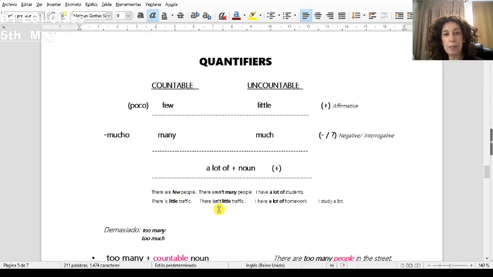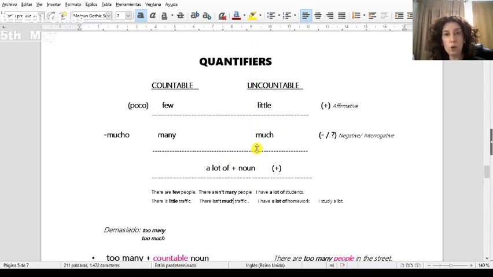Para incontables, perdona, casi me he engañado. There isn't much traffic. Incontable y negativa much. Por lo tanto, si no hay mucho tráfico, es que hay poco. Si no hay mucha gente, es que hay poca. Entonces me quedo igual. Será very little, poco, many, much, no mucho.